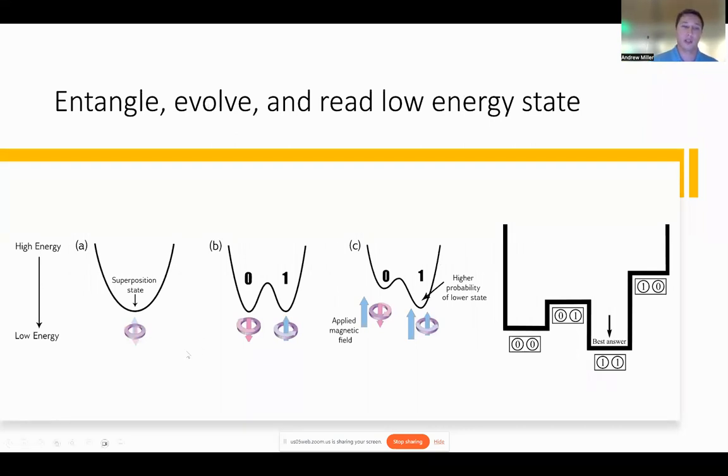So you achieve the superposition state, and the system is in a high energy state. Then you start applying a magnetic field, and you have a superposition because it's not in an eigenstate. Then you let it evolve, and at the end, you read out the best answer. That's how I understand it. Not very scientific, but again, I'm not a physicist.